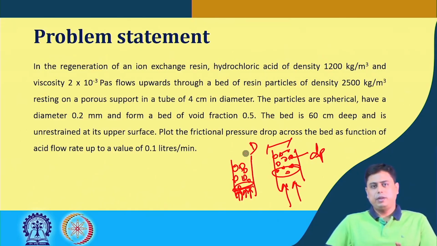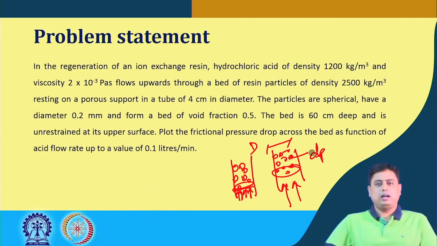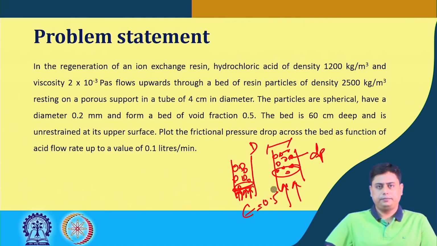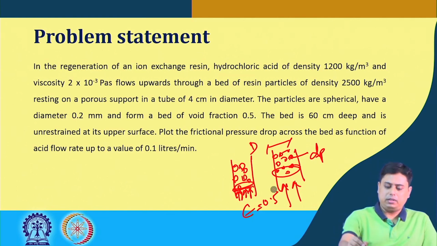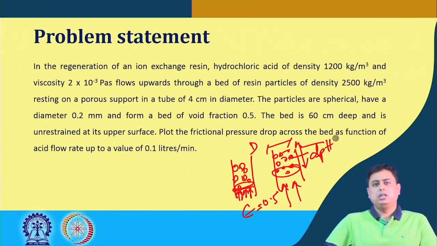Particle sizes are given, they are of uniform size and spherical in nature. The void fraction, or the solid fraction in another way, is also given. The bed depth, the height of the bed, if I say this as capital H, is also known.